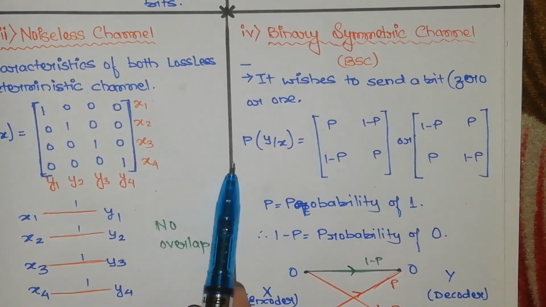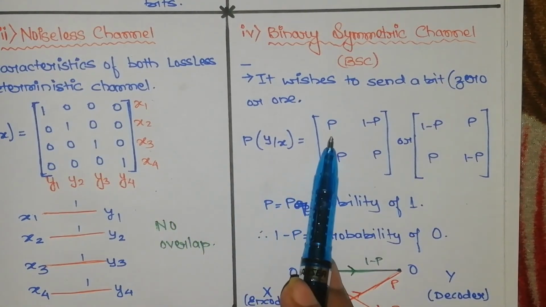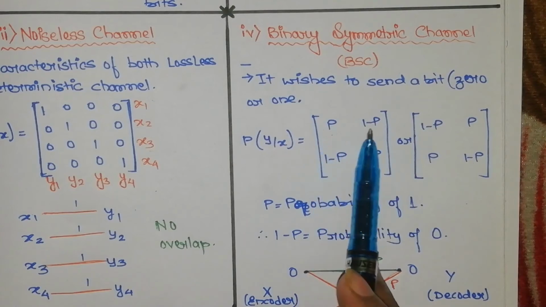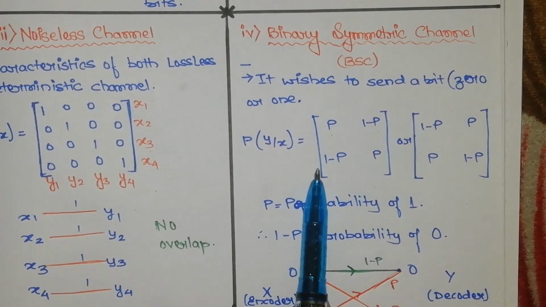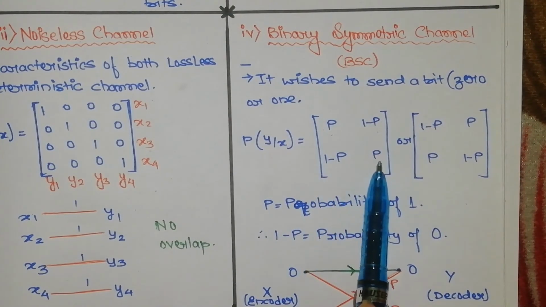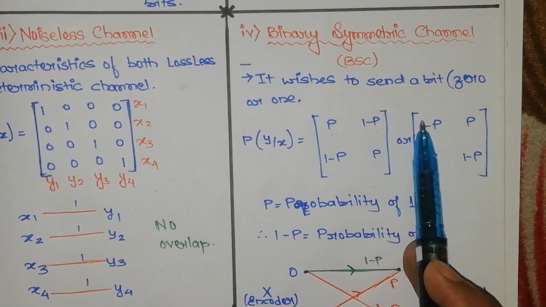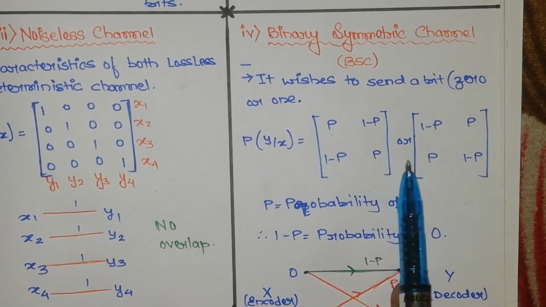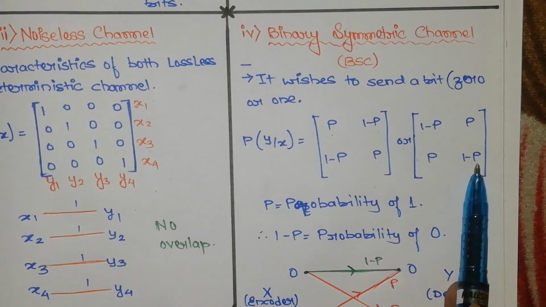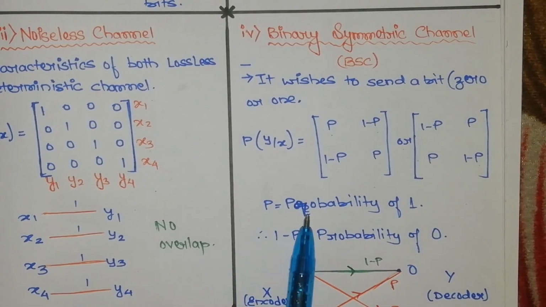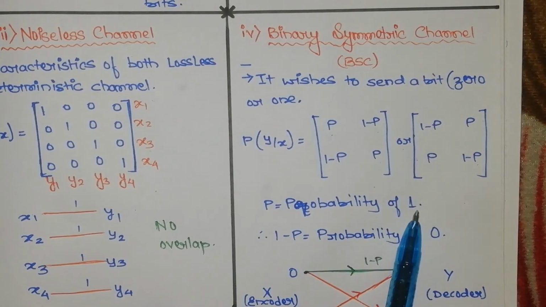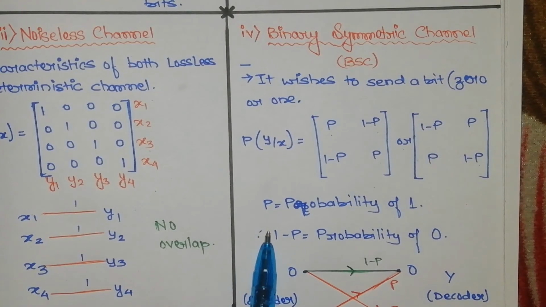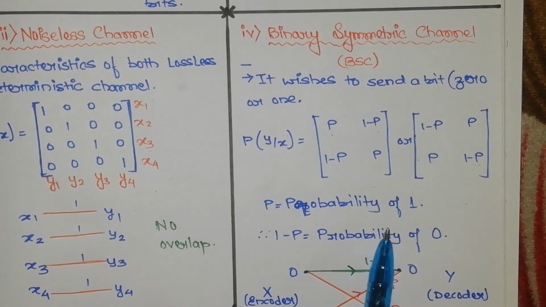Its transition matrix can be defined as first row P, 1 minus P, second row 1 minus P, P, or reversely first row 1 minus P, P, and second row P and 1 minus P. Now what is P? P is the probability of 1, and from basic knowledge 1 minus P is the complement of 1, so it will be the probability of 0.